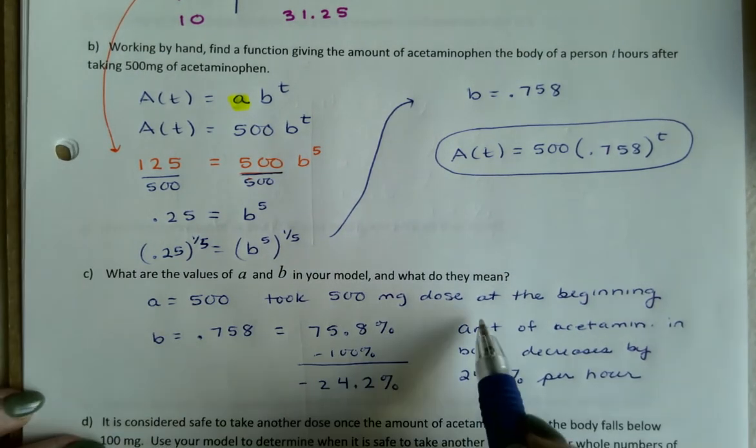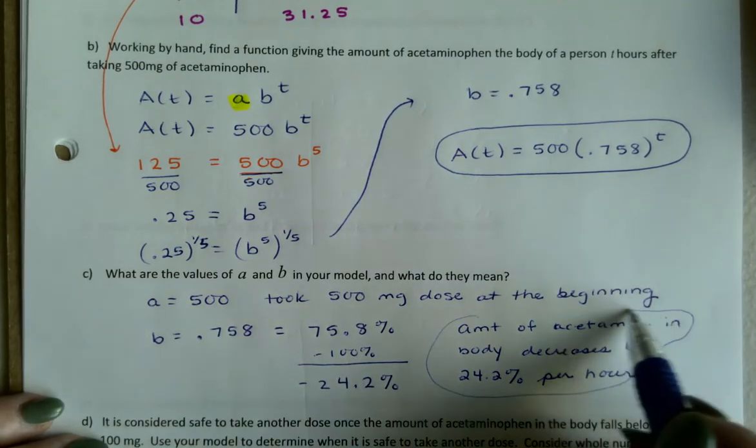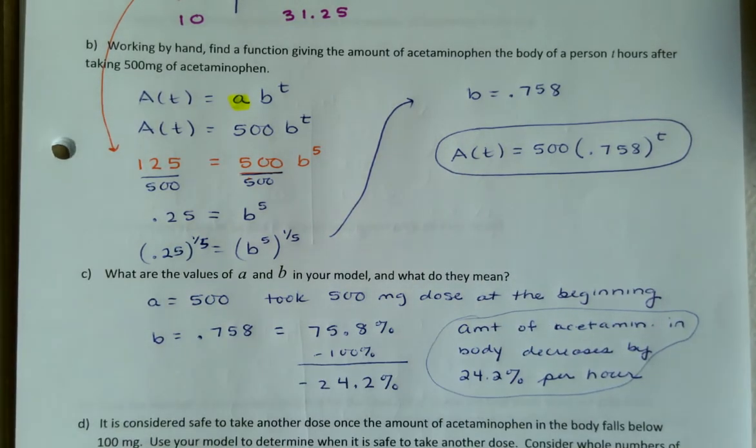Okay. You may remember writing phrases very similar to that in the past when we were dealing with linear equations and slope. This is again a rate of change. The difference is slopes were absolute rates of change. They would have told us how many milligrams per hour our amount was being reduced by.